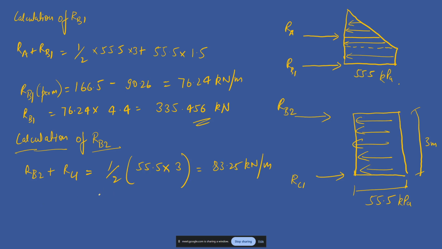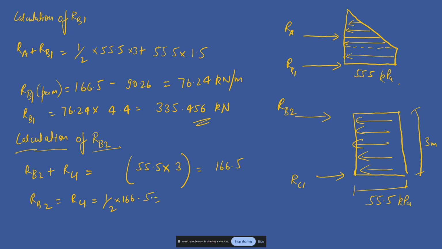Sorry, this is 55.5 into 3, this is 166.5, and your RB2 equals RC1, half of 166.5.